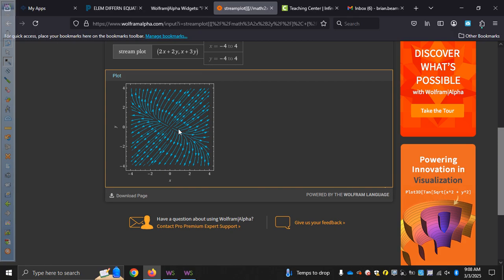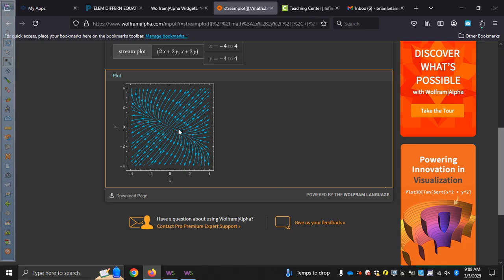And we see that if we put a particle near the origin, the particle would always move away from the origin. And in this case, we'd call the origin a repeller. The origin is a repeller here.